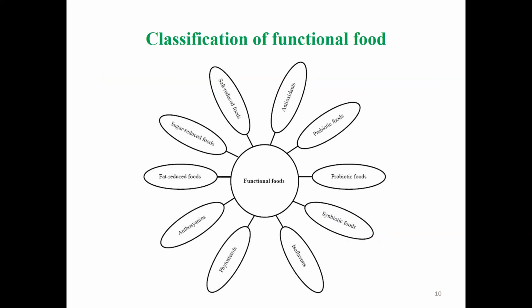So we have different types of functional foods, like antioxidants, prebiotic foods, probiotic foods, symbiotic foods, isoflavones, phytosterols, anthocyanins, fat reduced foods, sugar reduced foods, and salt reduced foods. So these are the classifications of functional food.